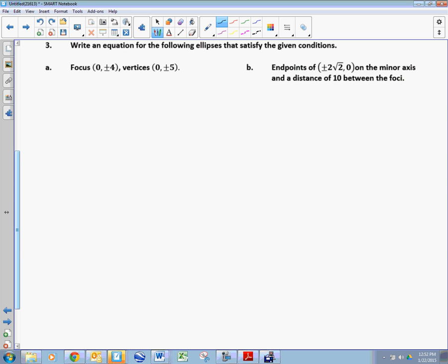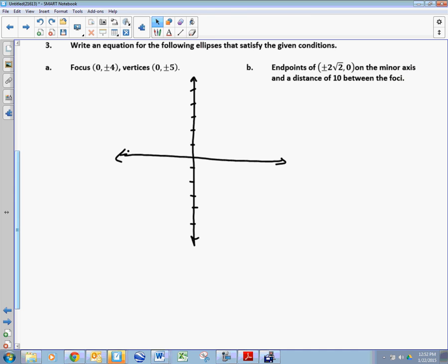equations for these things. It says the focus is 0 plus or minus 4, and the vertices are plus or minus 5. So, A for the day, is this graph stretched horizontally or vertically? It is vertical. A few people have said it, because the vertices are located on the y-axis as it's being stretched that way, whereas the focal points are also in that direction.